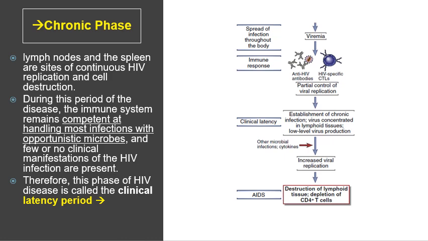In this period of the disease, the immune system remains competent at handling most infections with opportunistic microbes, and few or no clinical manifestations of HIV infection are present. Therefore, this phase of HIV disease is called latency or the clinical latency period.